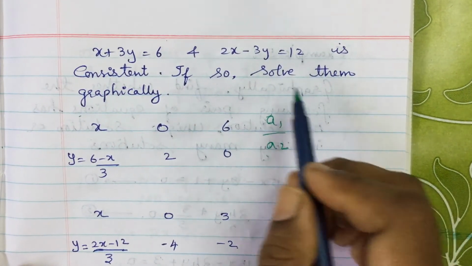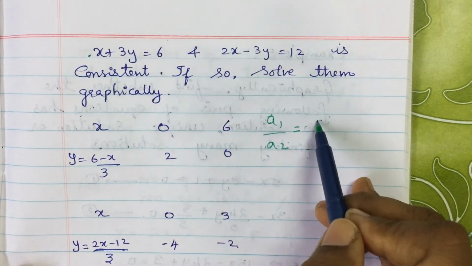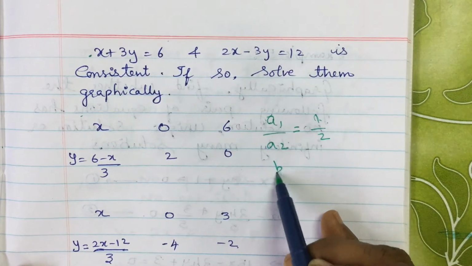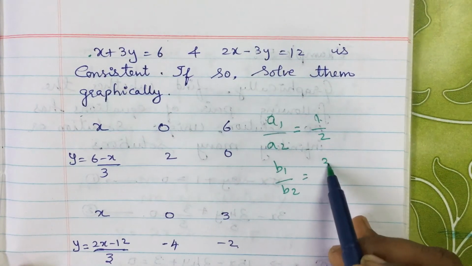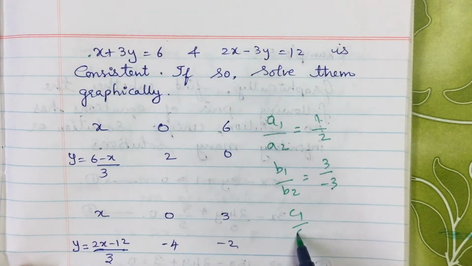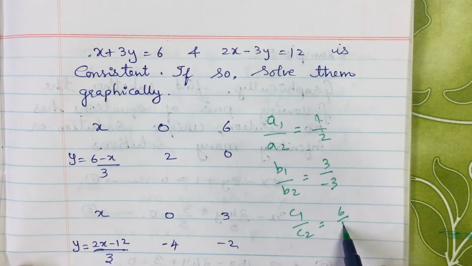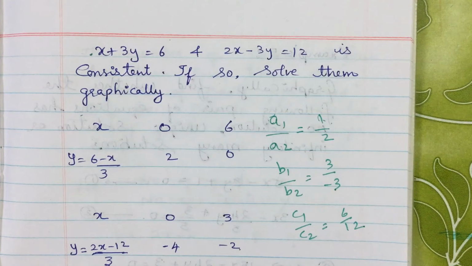This is the coefficient of x: a1, here it is a2, so it is 1 by 2. And what is b1 by b2? It is 3 by minus 3, and c1 by c2 is equal to 6 by 12. Is it right? So 1 by 2, 3 by minus 3 and 6 by 12.